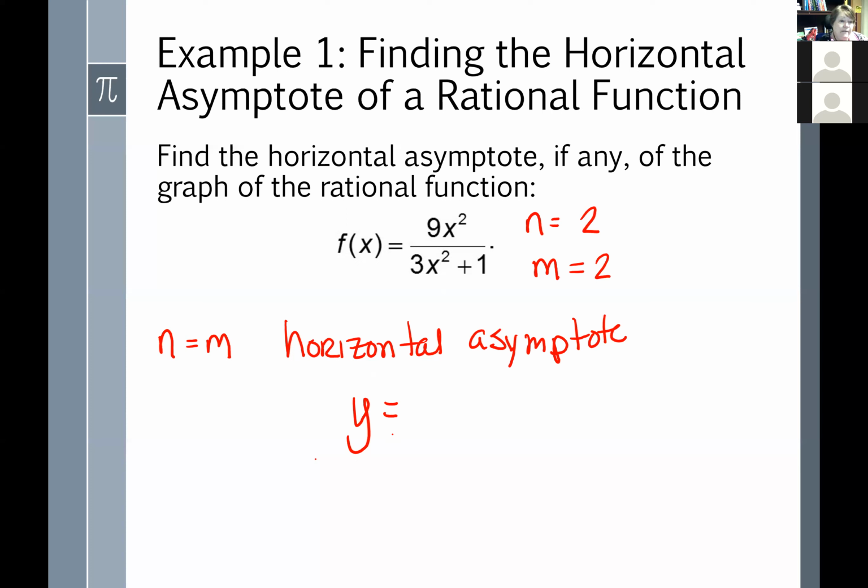So the leading coefficient in the numerator is 9 because you're multiplying x squared times 9. And the leading coefficient in the denominator is the constant that you're multiplying by the variable of highest degree, and that's 3. So our horizontal asymptote is y equals 3. And yes, you do need to write that as an equation. It's the horizontal line, y equals 3.